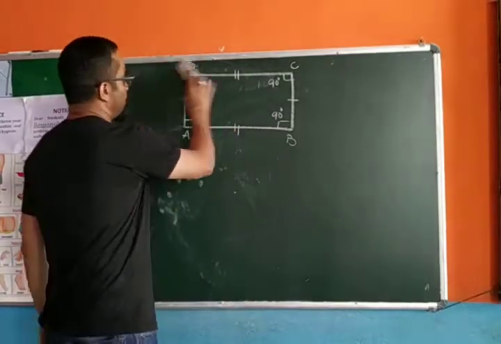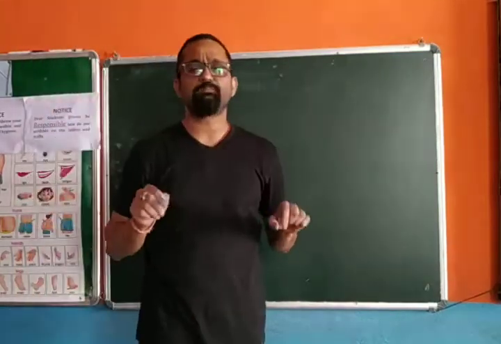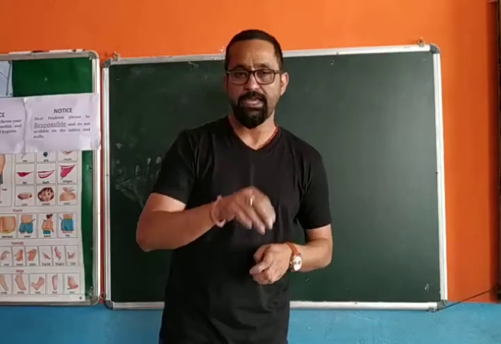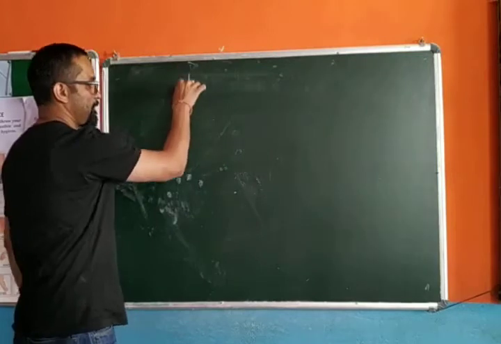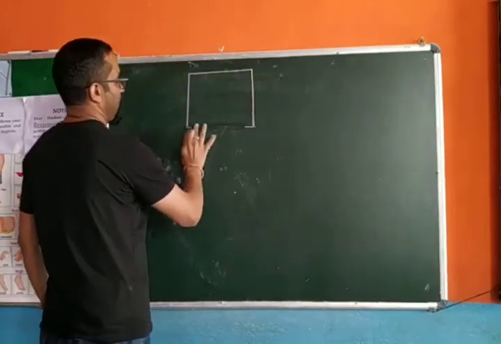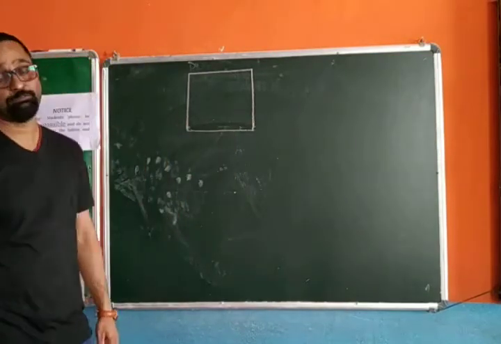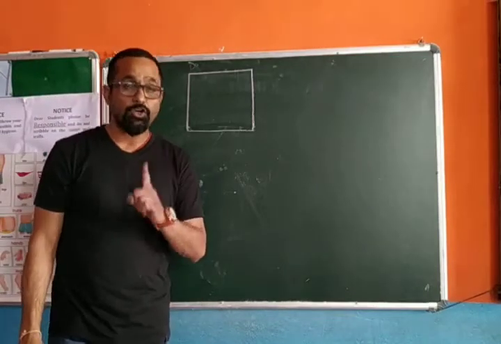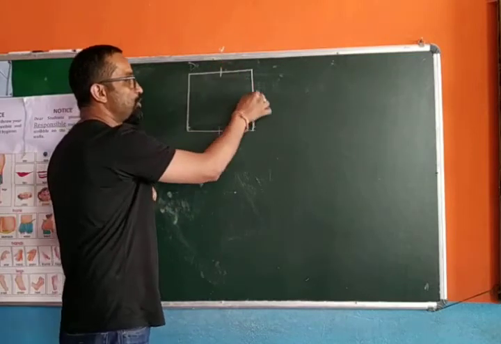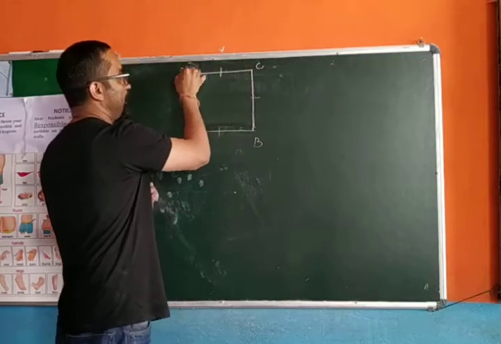The third closed figure is a square. A square is a plane figure bounded by four straight lines. A four-sided figure is called a square in which all sides are equal. ABCD is a square.